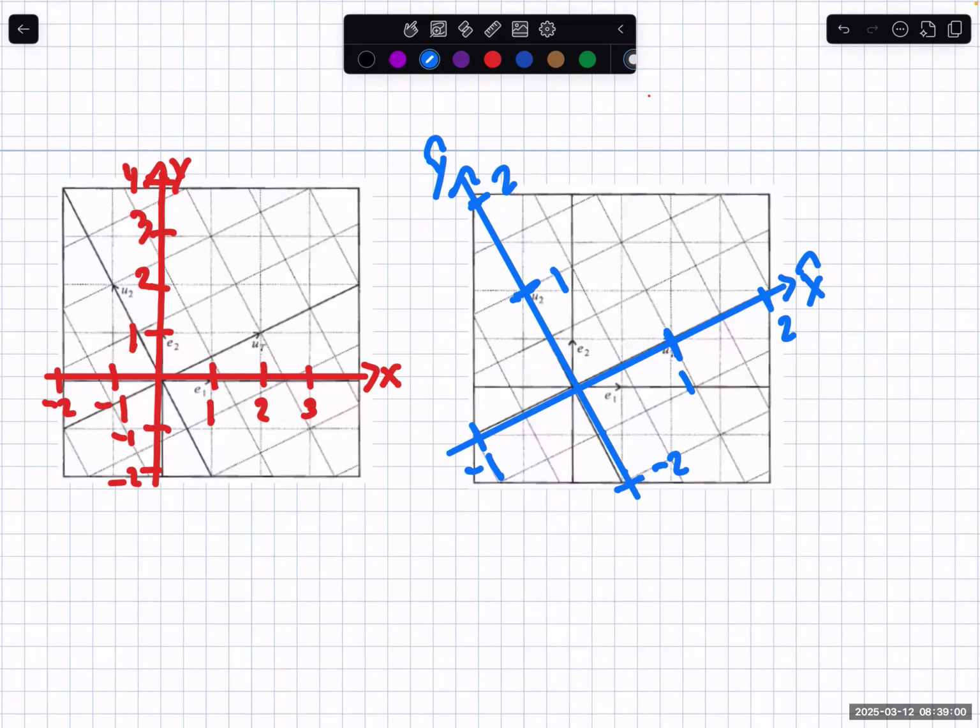Okay, so for a coordinate system, we need a direction for the x-axis and what counts as one unit in that direction, a direction for the y-axis, and what counts as one unit in the y direction. And that can be described by vectors.